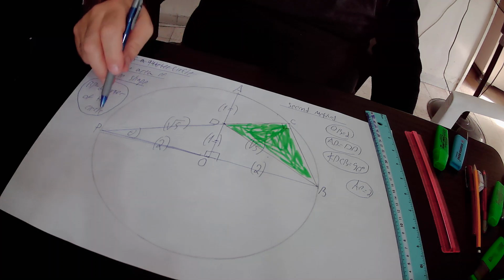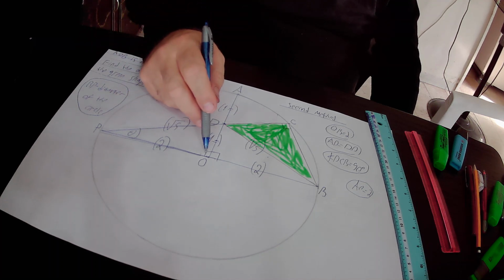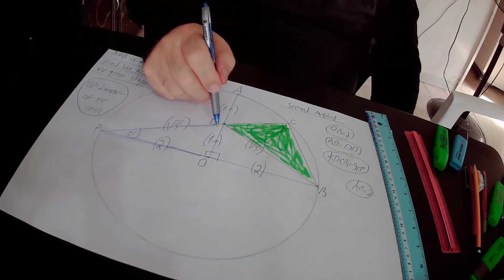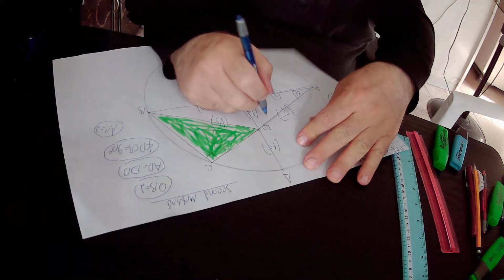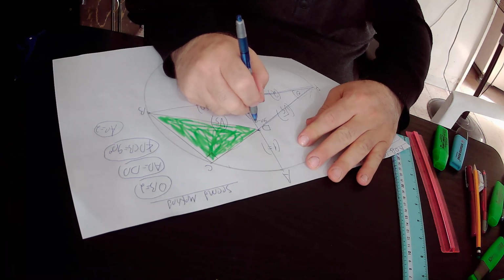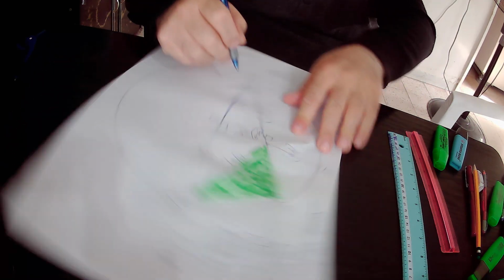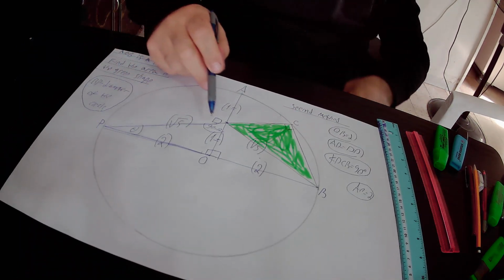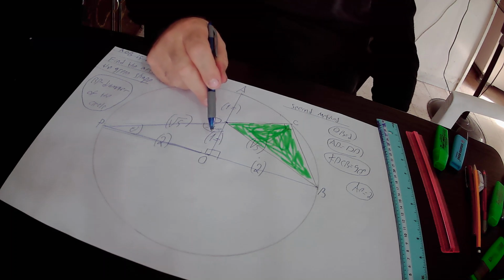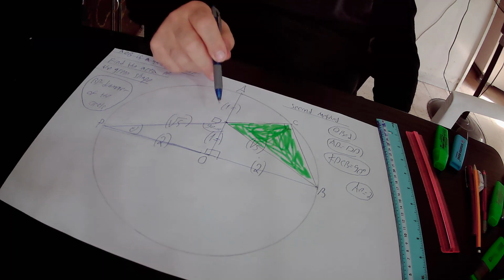In the right triangle DPO, this angle equals theta, this angle equals 90 degrees, therefore the first missing angle must be equal to 90 degrees minus theta. Why? Because 90 degrees minus theta plus theta is 90 degrees, and 90 degrees plus 90 degrees equals 180 degrees, the sum of the angles in any triangle.